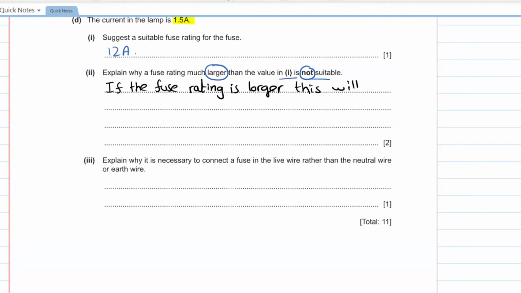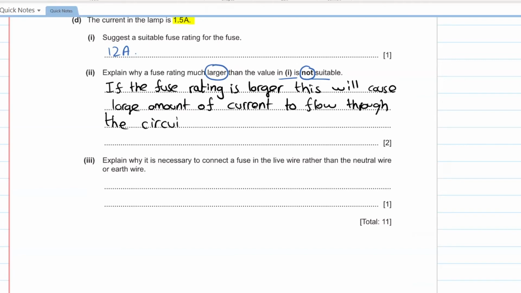Okay. If the fuse rating is large enough, what will happen? This will cause a large amount of current to flow through the circuit, and the fuse will not melt.